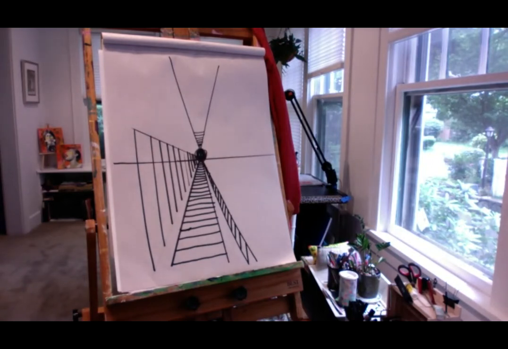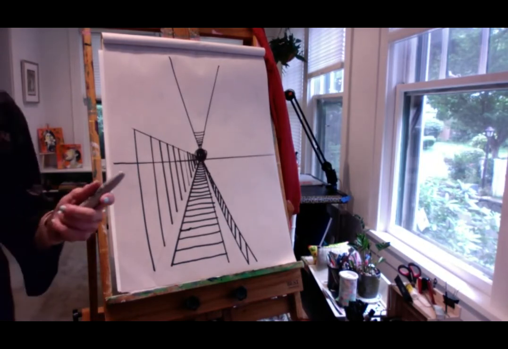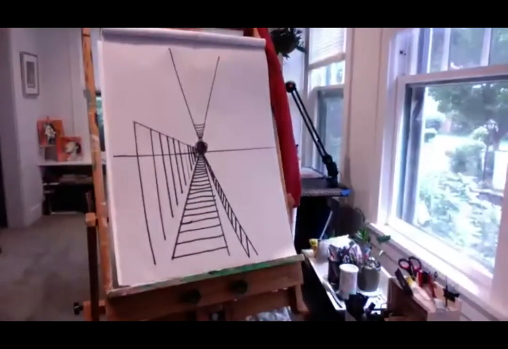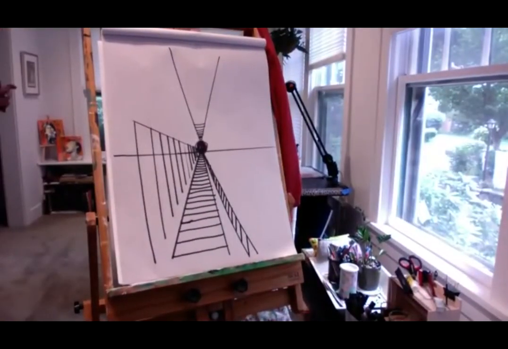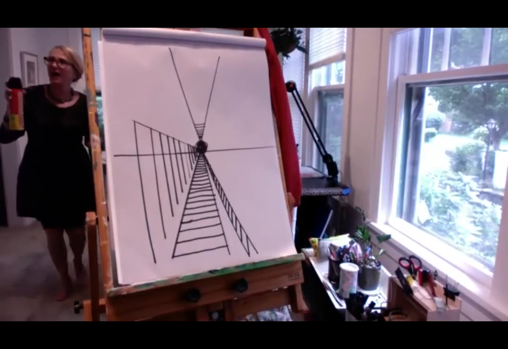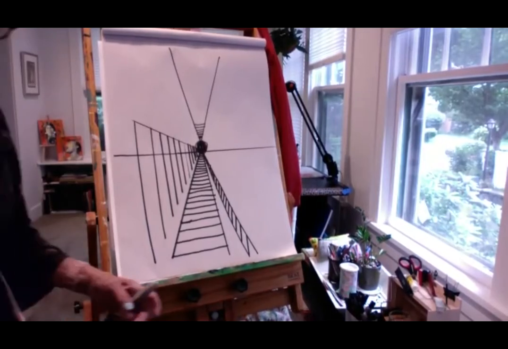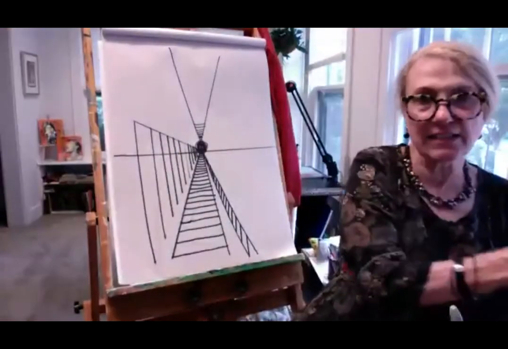Oh man, this is annoying. This is a first in my teaching where this has happened. Now I got the spray. He's back there. He's flying all around my house, but he manages to come back in here.